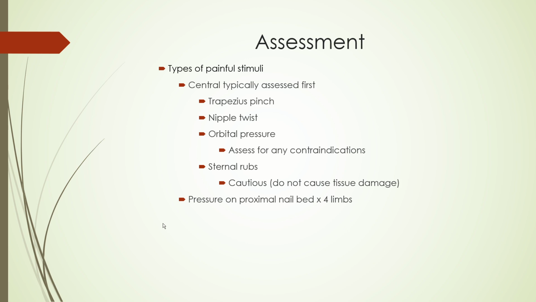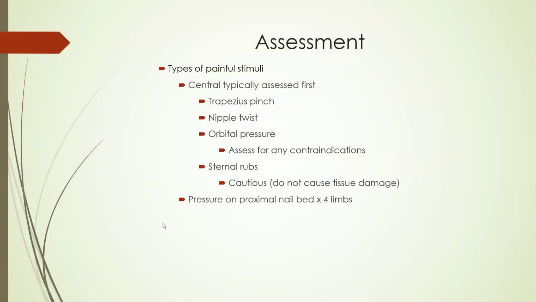That's a huge piece of our assessments, right? Typically they will do a central type assessment first. A trapezius pinch is one way, and that's actually pinching the trapezius muscle itself to see if the patient responds. Another thing they can do is a nipple twist to see if the patient responds.